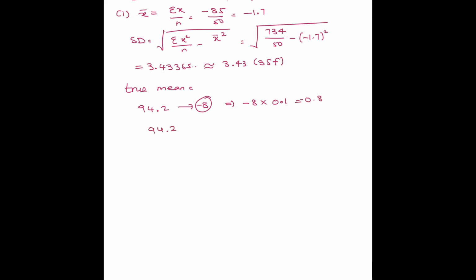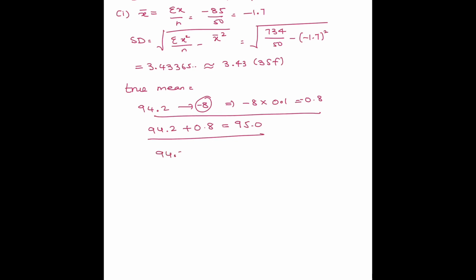So the original will be 94.2 plus 0.8, which is 95.0. That's what it becomes, right?